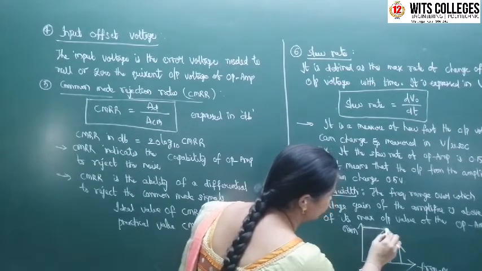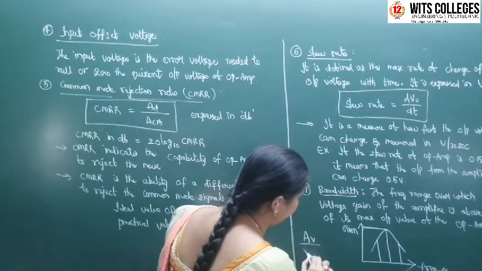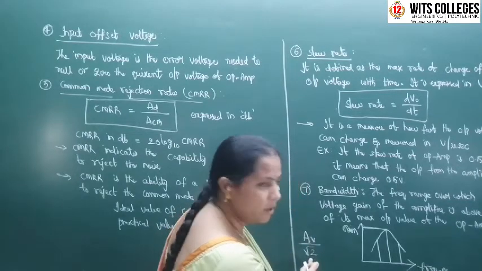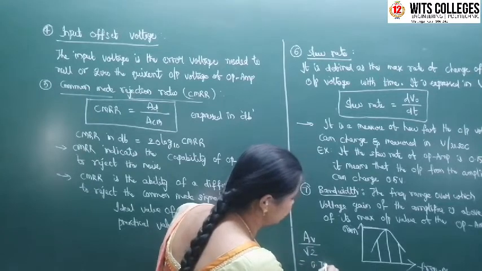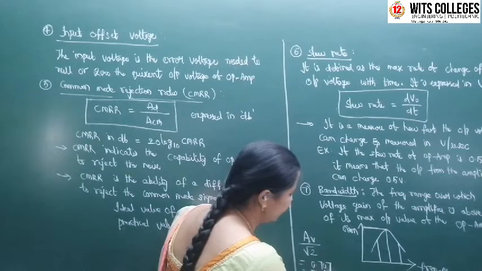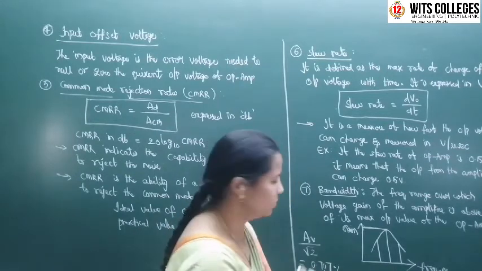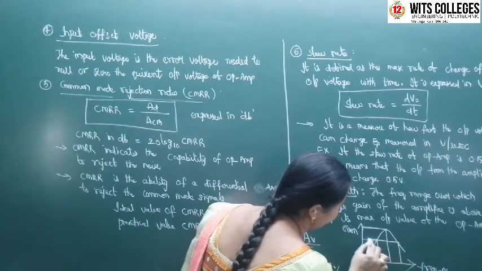And here it is the maximum gain. For this maximum gain we have to calculate the maximum gain divided by root 2, which is equal to 0.707. In terms of percentage, you will get 70.7 percent.